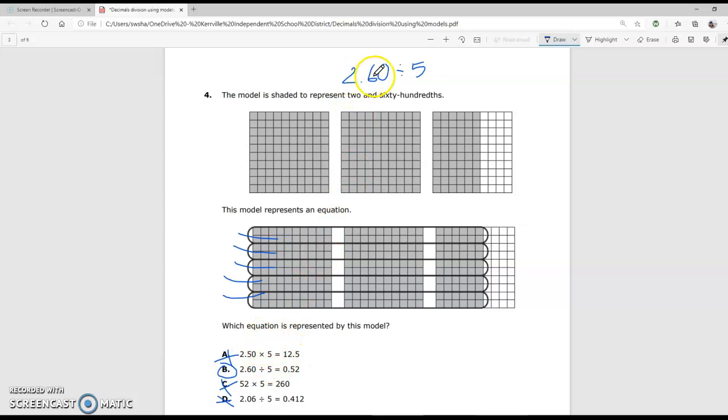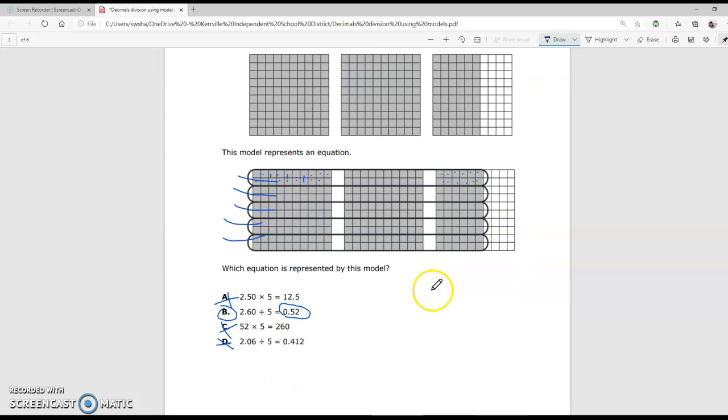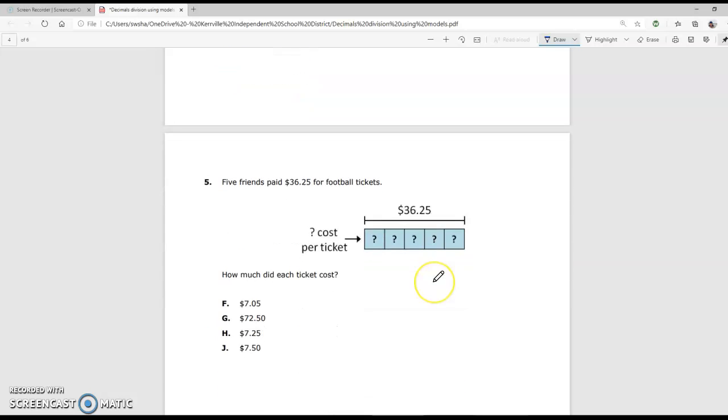If you divide 2 and 60 hundredths by 5, each one would be 1, 2, 3, 4, 5, 6, 7, 8, 9, 10, 11, 12, 13, 14, 15, 16, 17, 18, 19, 20, and so on up to 52 hundredths. So that's right. Okay.